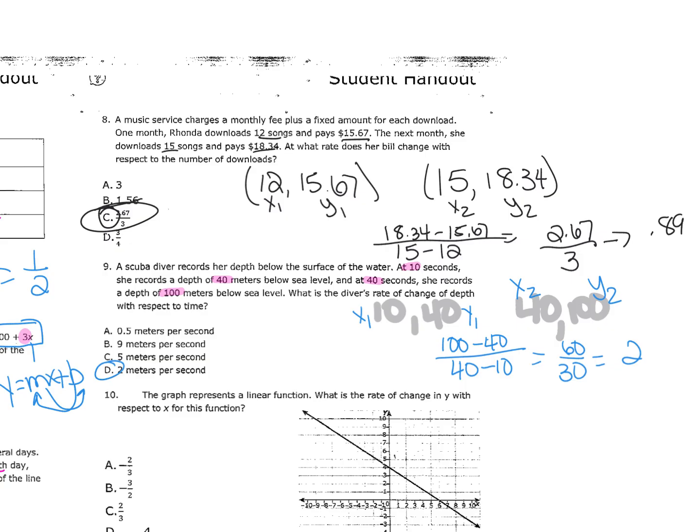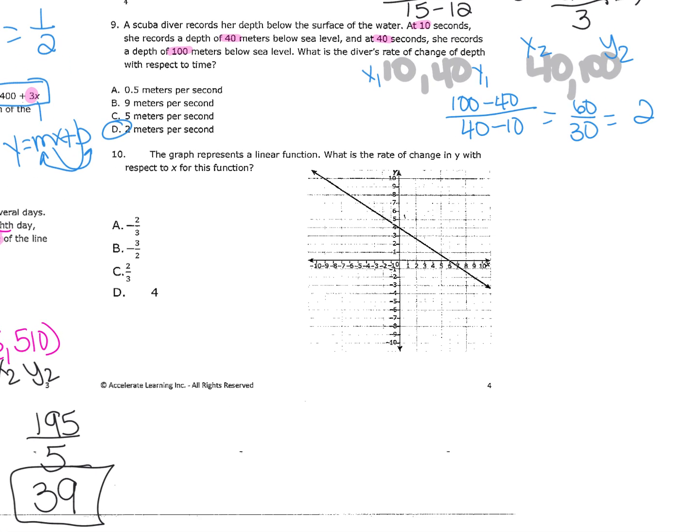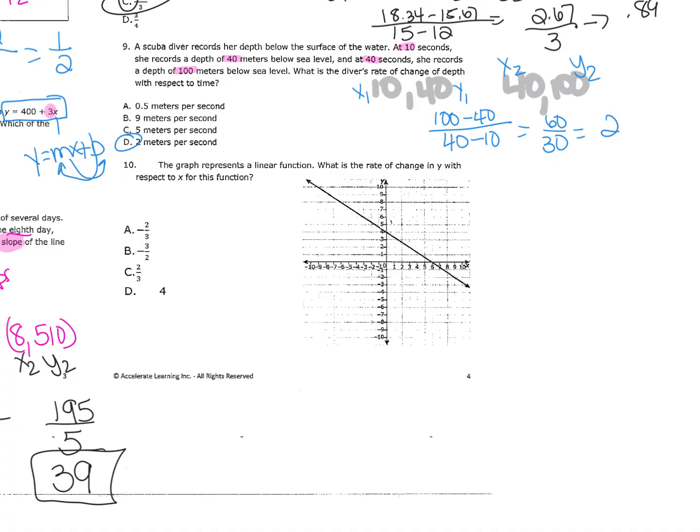And last, let's take a look at number 10. So we're back to slope from a graph. Okay. The first thing I'm going to encourage you is when you look at graphs, always look at the scale. Okay, my x there by scales of 1 and my y scales of 1. Okay, and then I'm going to encourage you to first identify what type of slope it is.